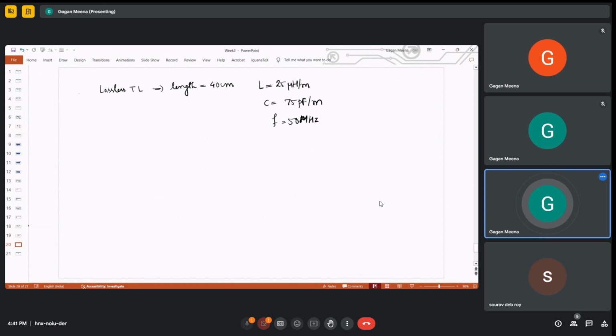Its electrical path length is. We want to find out the electrical path length.